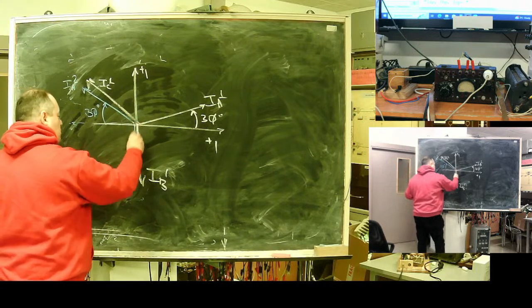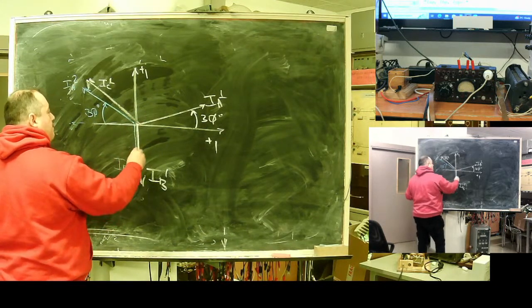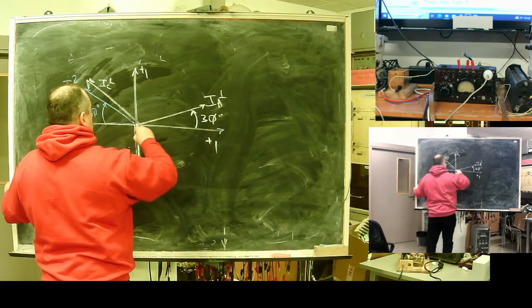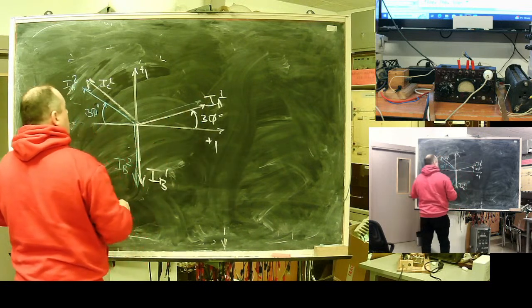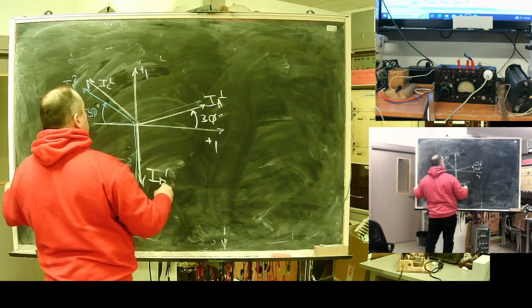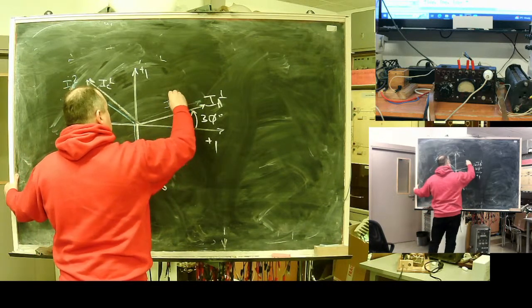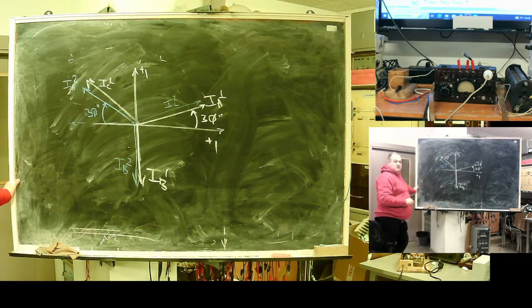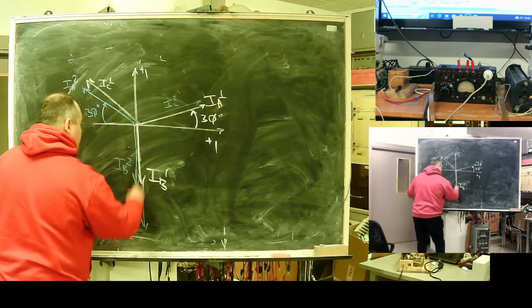B phase goes vertical, and like this should go the third phase of negative sequence. Something like this. If we sum them, what will we get?